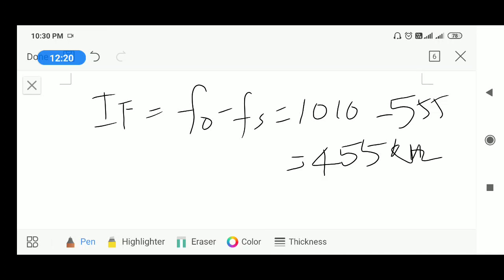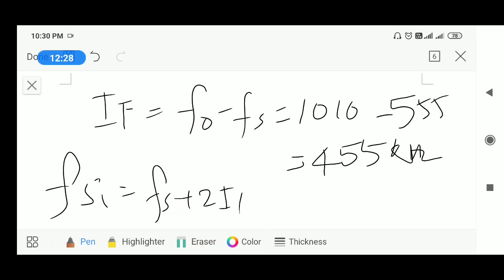Then what is the value of image frequency? The formula for image frequency is Fs plus 2 times IF. What is Fs? 555. What is IF? 455.